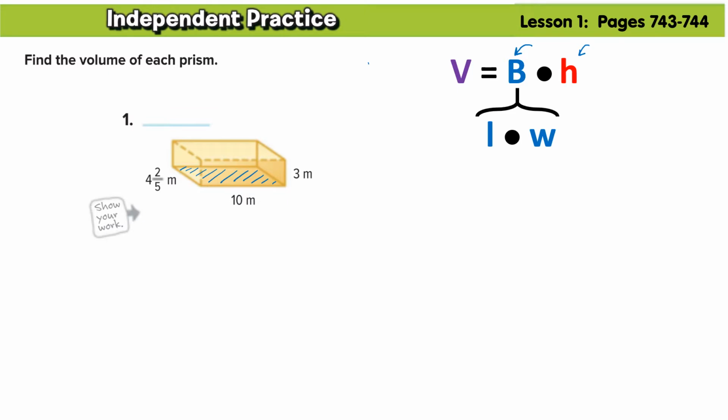Now I'm going to bring down the rest of my formula. So for the volume of a rectangular prism, I'm going to have length times width times height. So I'm going to have volume equals, and in this case, it doesn't really matter which one we use for length or width.